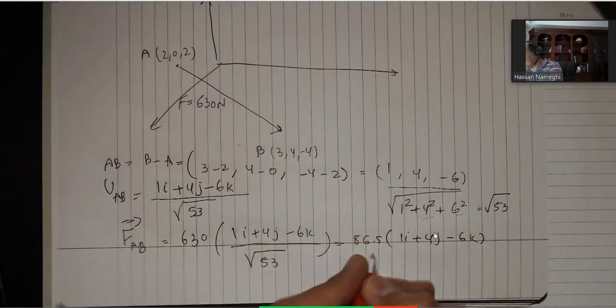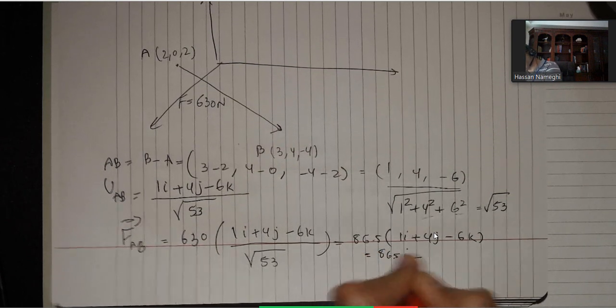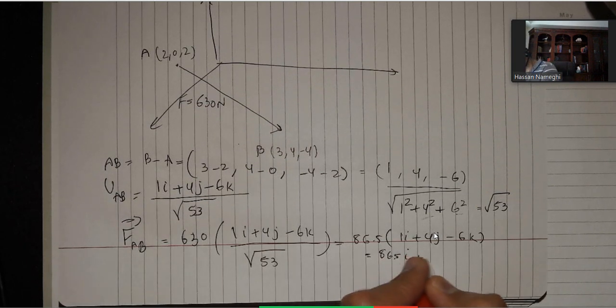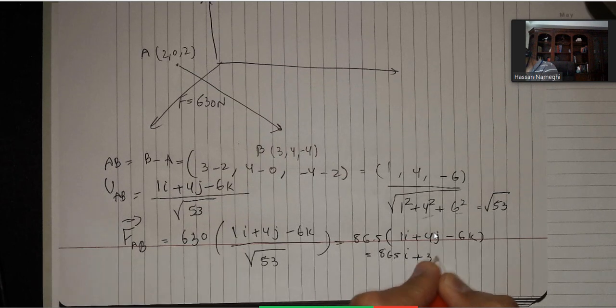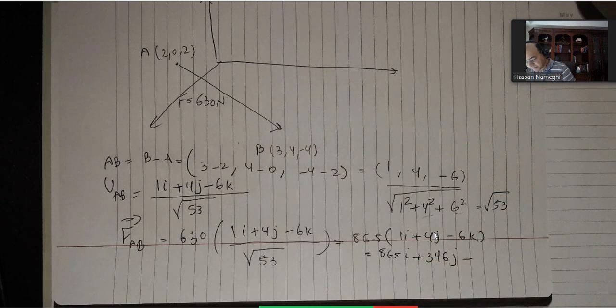So the first item will be 86.5 I plus 346 J minus 6, which is 86.5 times 6, I get 519 minus.